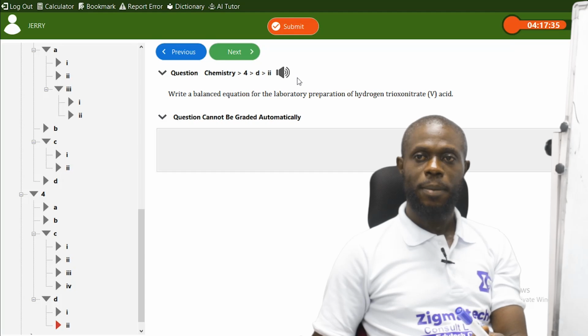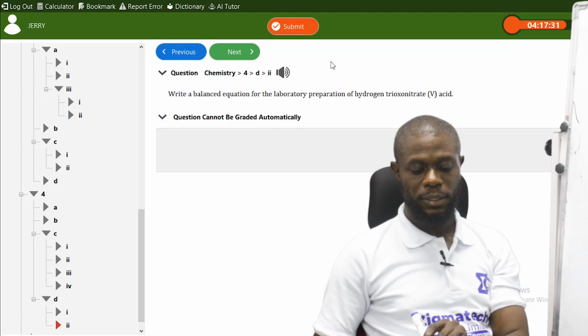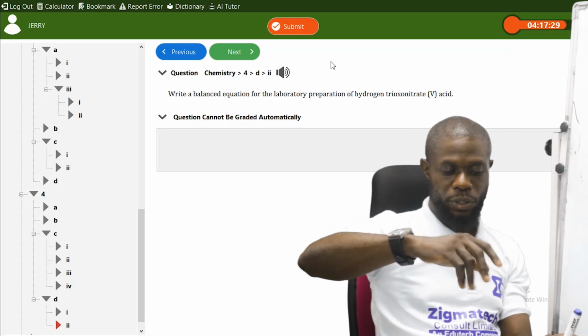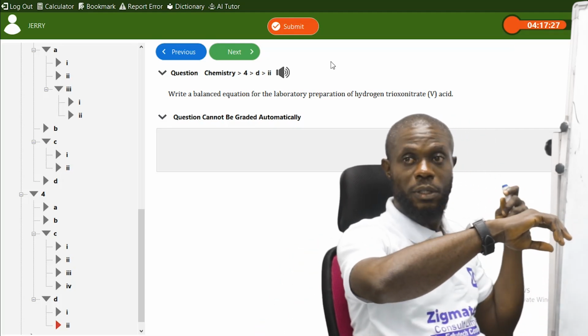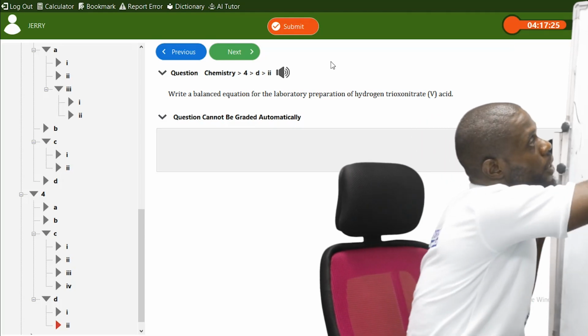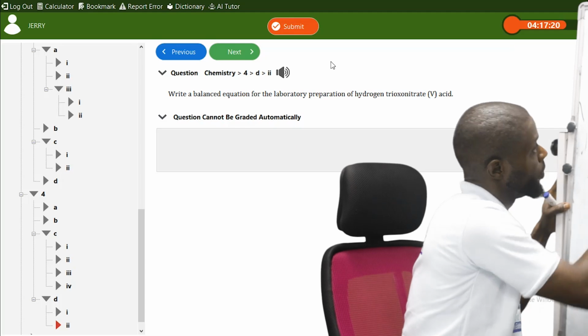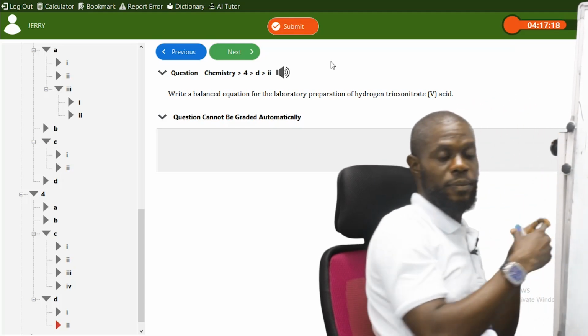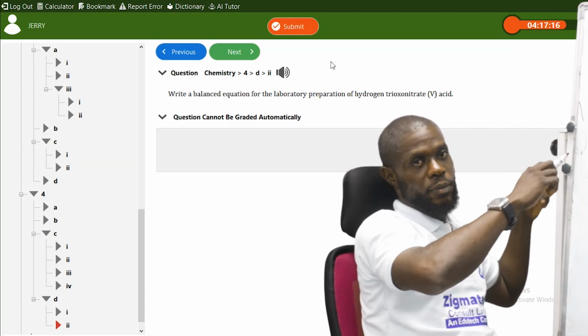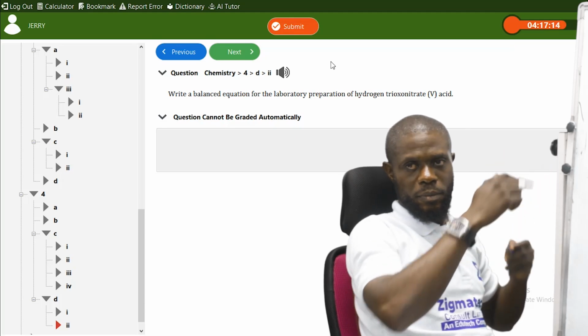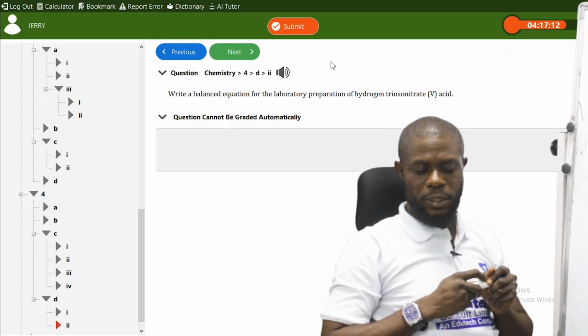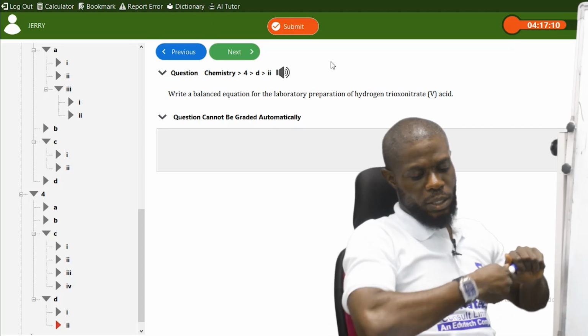The next one says, write a balanced equation for the laboratory preparation of hydrogen trioxonitrate 5 acid.